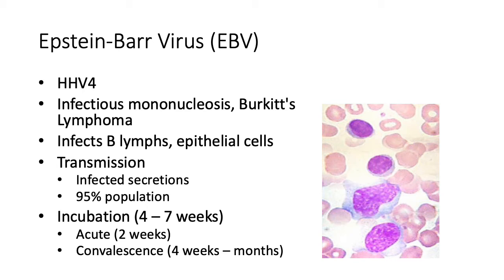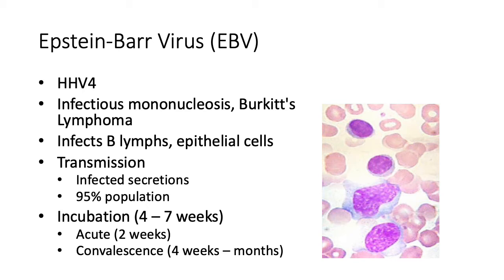Human herpes virus 4, more commonly known as the Epstein-Barr virus, or EBV. It is responsible for causing infectious mononucleosis and is also associated with Burkitt's lymphoma. Epstein-Barr virus infects and replicates in the epithelial cells of the oropharynx and in B lymphocytes.